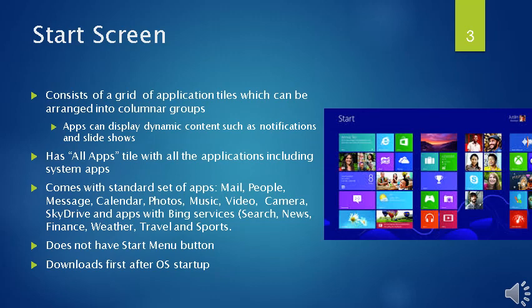The last two items you see on the slide came originally with Windows 8. However, the updated version Windows 8.1 restored the Start menu button and gave the user the choice of what to load first, desktop or Start Screen.